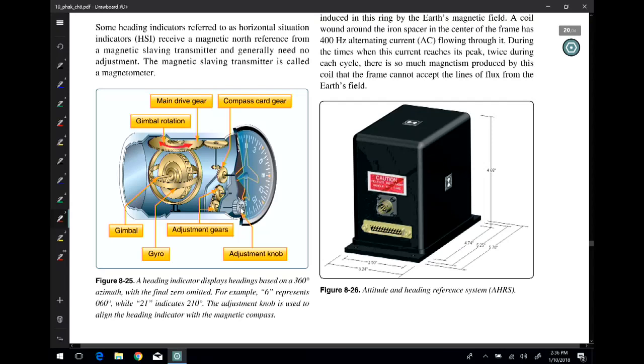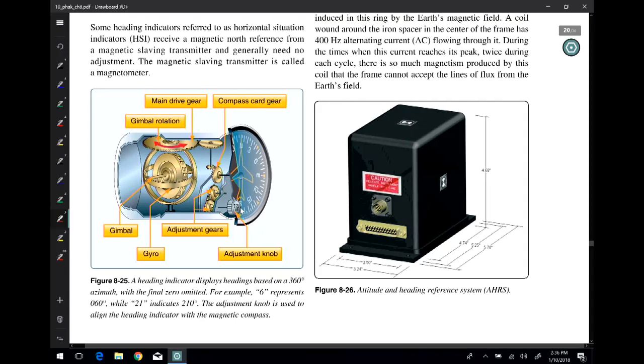Straight and level flight is where it's at. So that's how your heading indicator works. Remember your heading indicator, one of 360 degrees, north, south, east, west, and all the different variables in between. Most of you understand how that works. We will get into actual heading stuff once we get to the cross-country stuff and the navigation things as well.